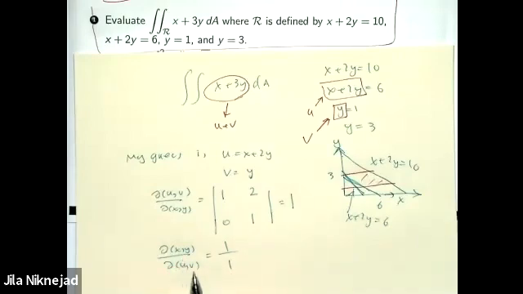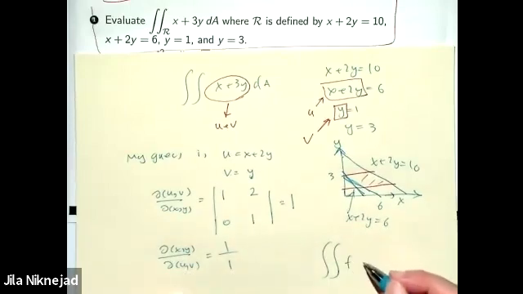I like to write it this way. Why? Because then I write, we had G of U and V. I write it as that, right?